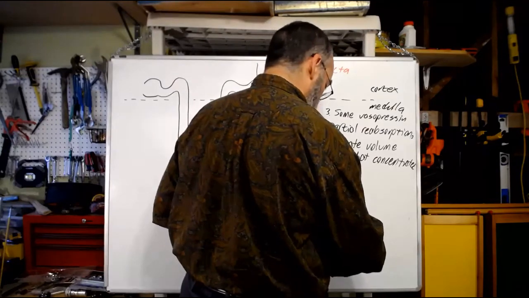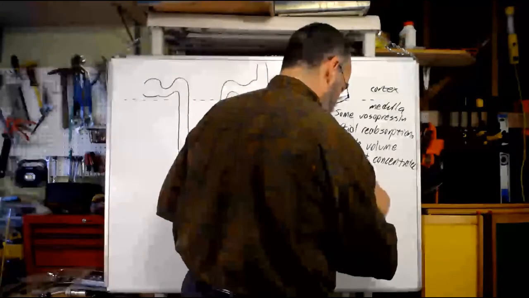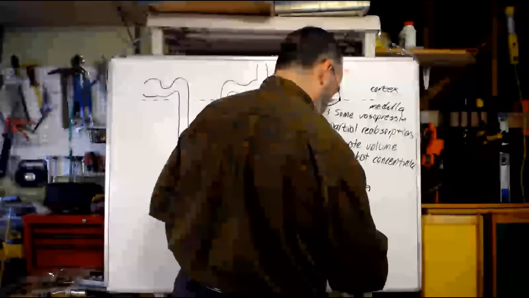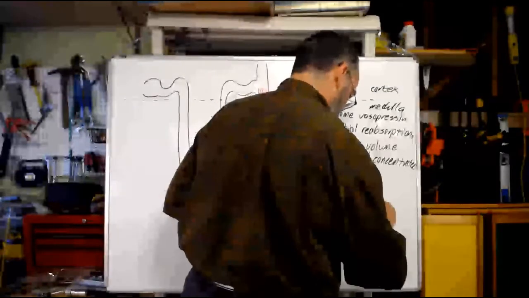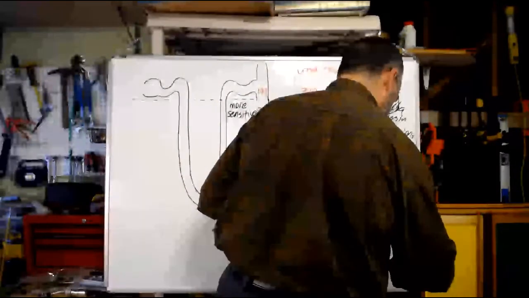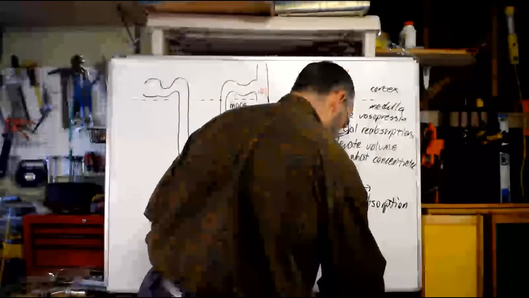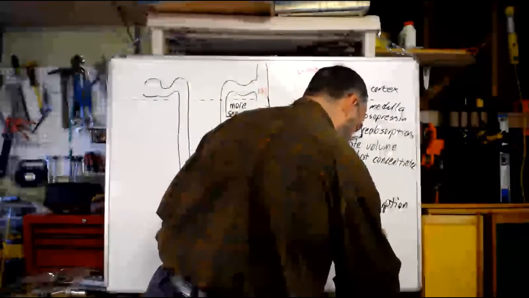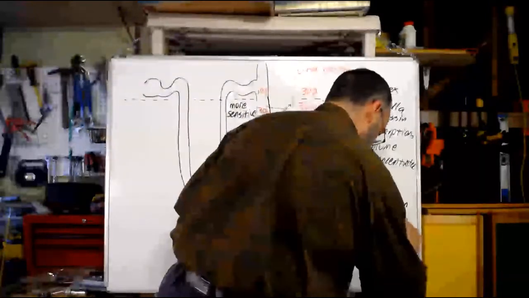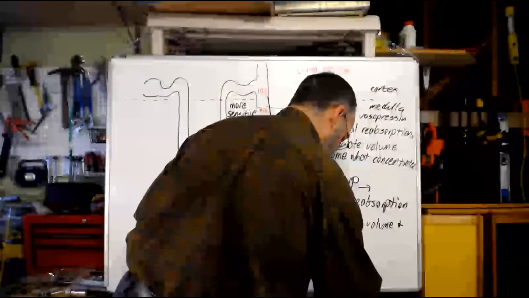Summary there, more vasopressin leads to more reabsorption of water, which means less urine volume and higher urine concentration.